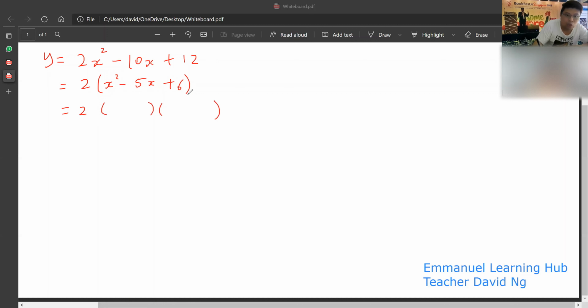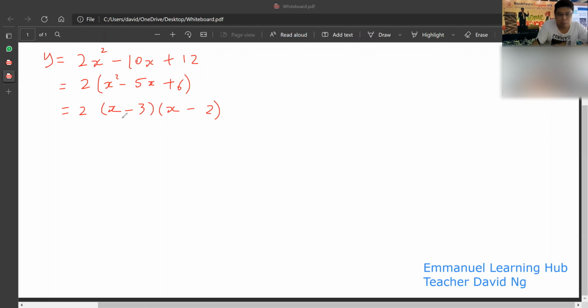So factorizing this, no problem, right? 5x, either 6 and 1 or 3 and 2. Let's say it's 6 and 1. Okay, cannot. Then it has to be 3 and 2. Both minus.